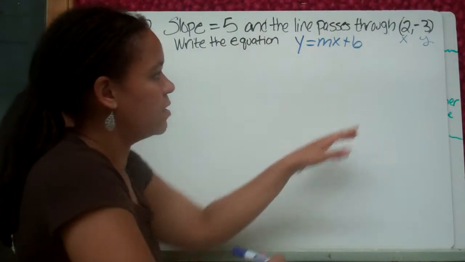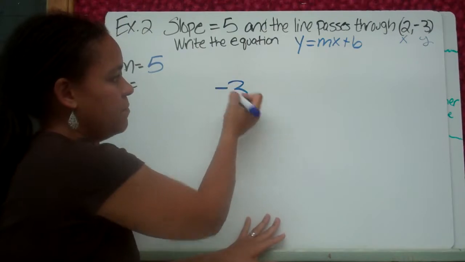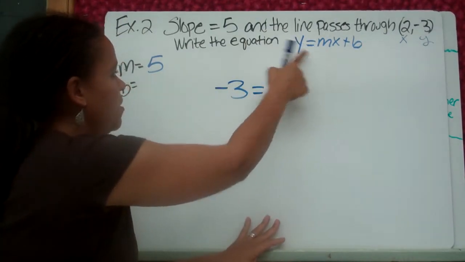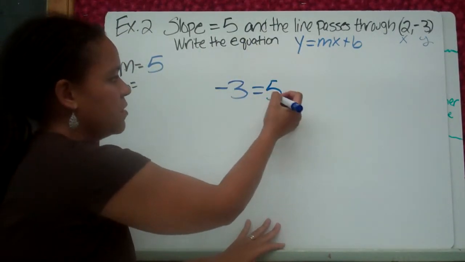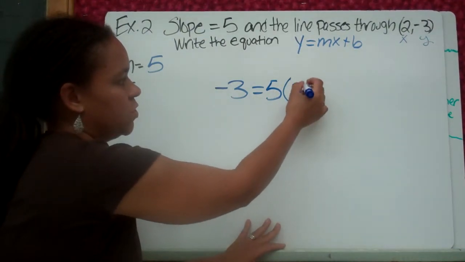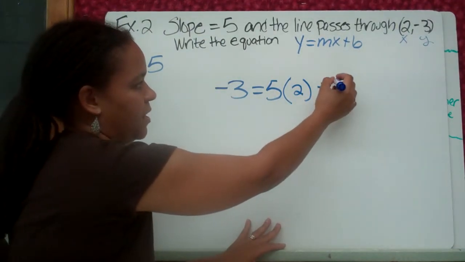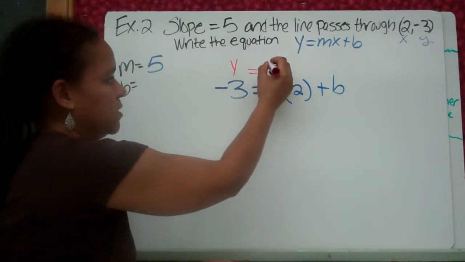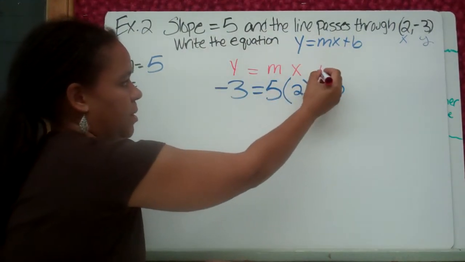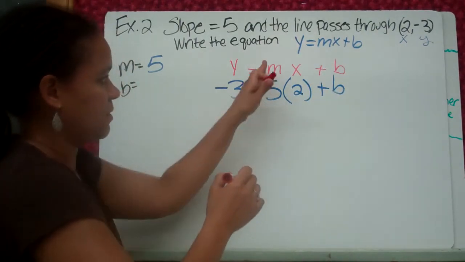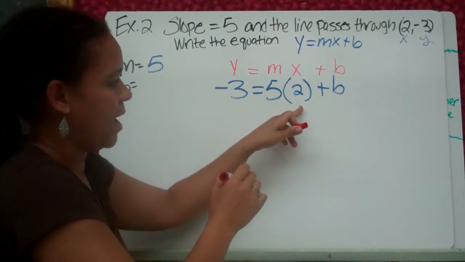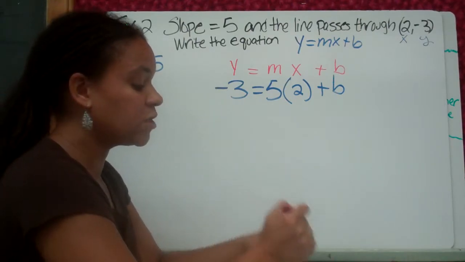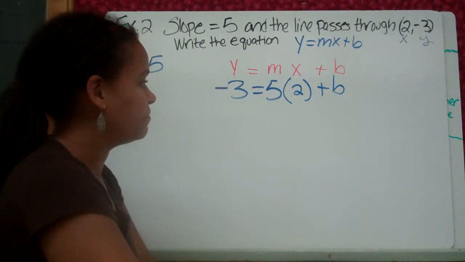So y, which is negative 3, is equal to m, which is 5, times x, which is 2, plus b. So notice I just have y equals mx plus b. There's my slope, my y, my x, and my y-intercept, which I don't know yet, but I can figure it out.